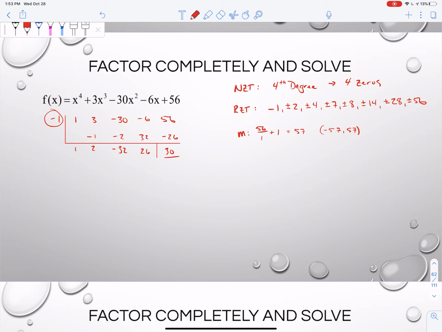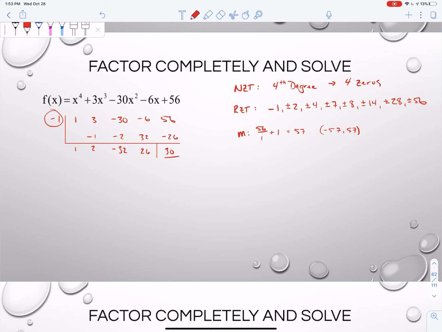On the zero that I tested, I did not alternate positive, negative. I went positive, positive, then negative. So I know that this is not a lower bound. So again, I'm going to erase this work, and I can now erase negative 1 altogether. I know it doesn't work.